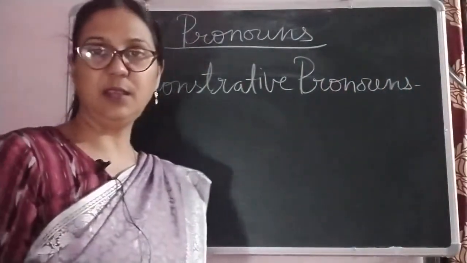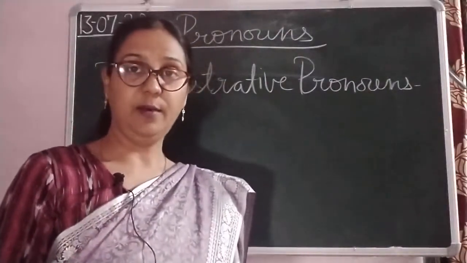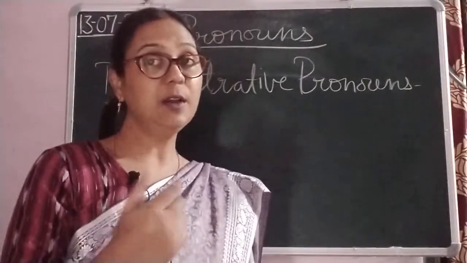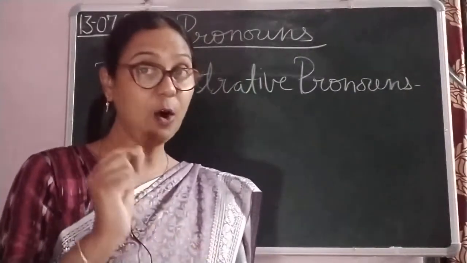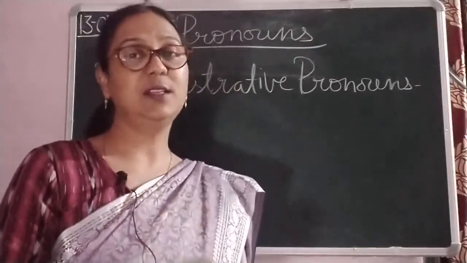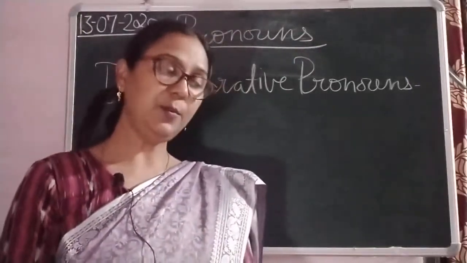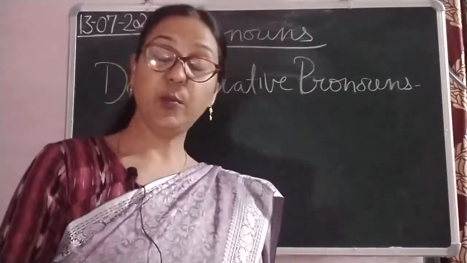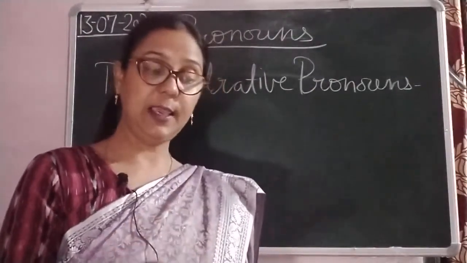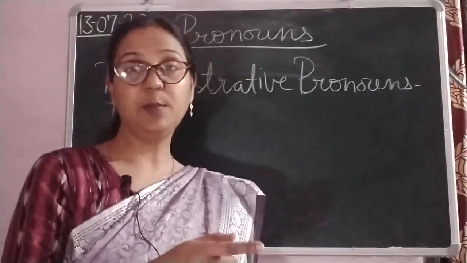Demonstrative pronouns means the words which indicate or demonstrate something, the object or a person or a thing. These words are called demonstrative pronouns. Demonstrative pronouns are words that are used to point out people or things they stand for. For example, this is my book.